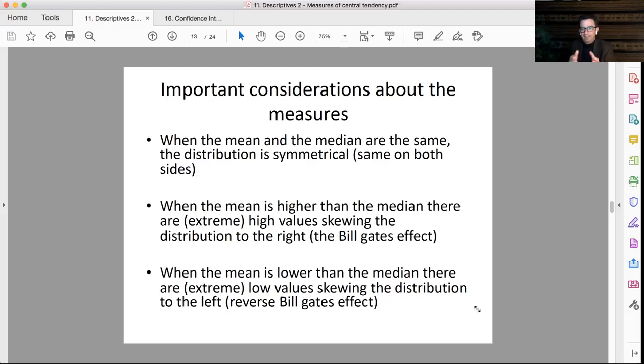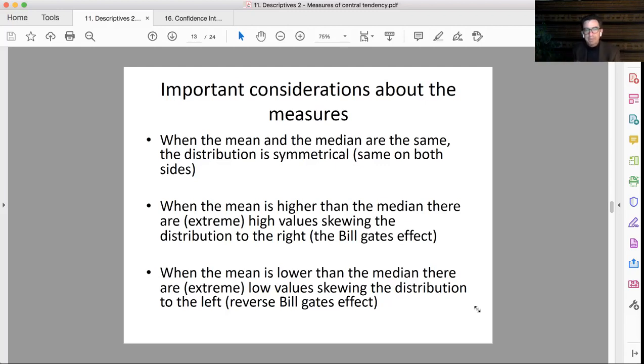Because we're adding 10,000 to our 1, 5, even 120, and then we add the 10,000, and the mean is going to be somewhere around $2,000-3,000, and that's a lot higher than we had before Bill Gates came in, right?